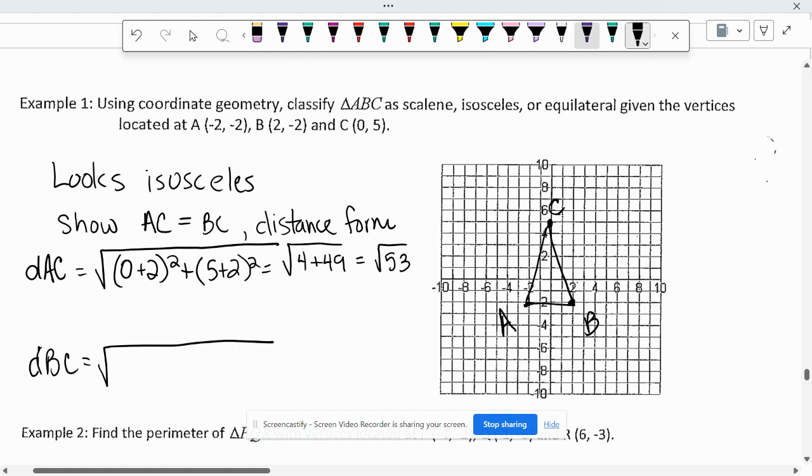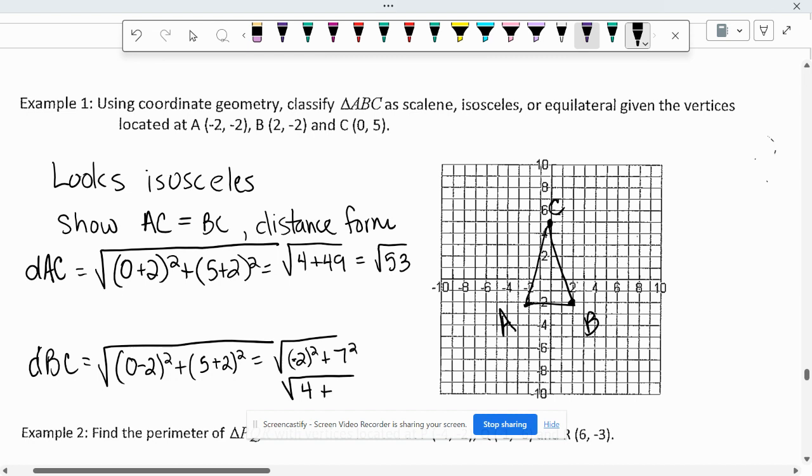Let's find the distance from B to C. So 0 minus 2, the quantity squared, plus 5 plus 2, the quantity squared. So 0 minus 2, well, that's -2 squared. And -2 squared is +4. 5 plus 2 is 7.